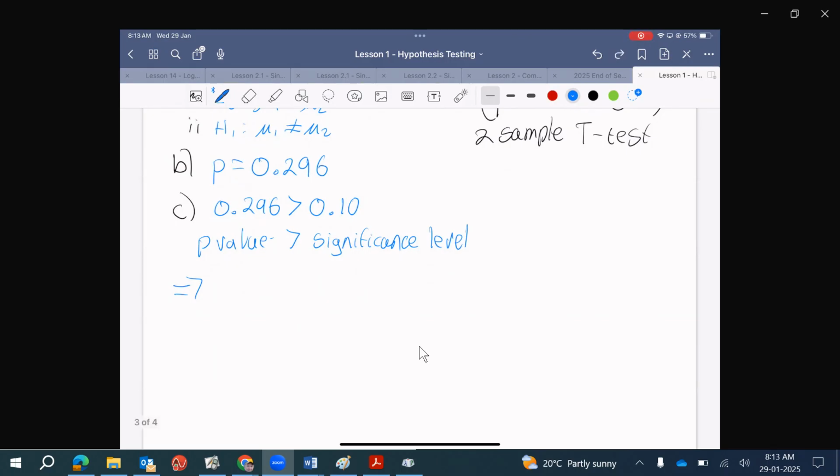So there is sufficient evidence to fail to reject the null hypothesis.